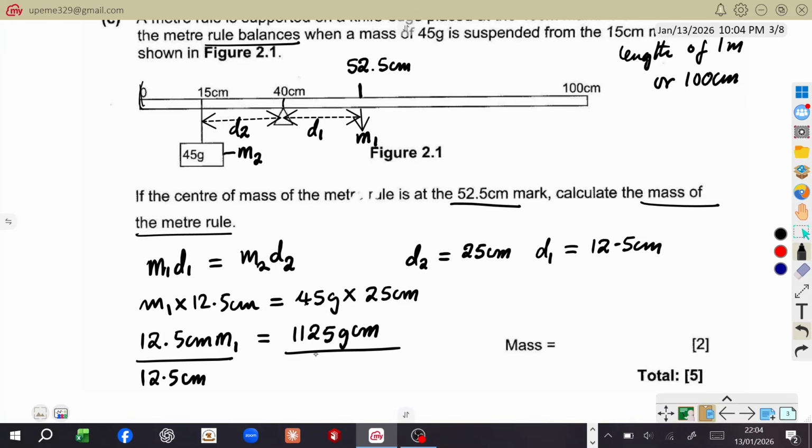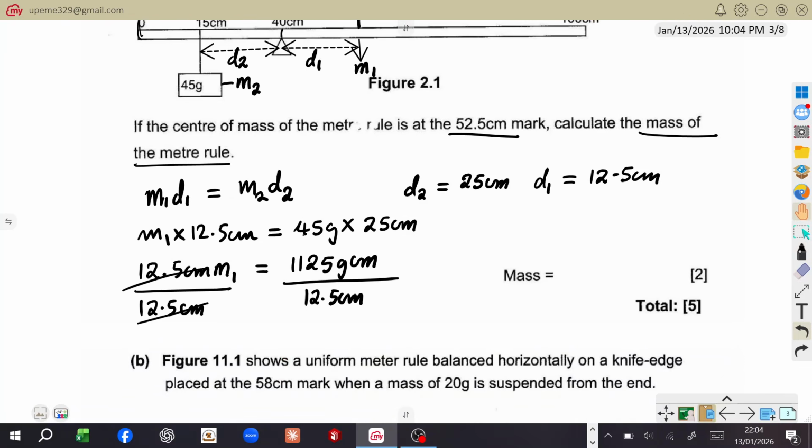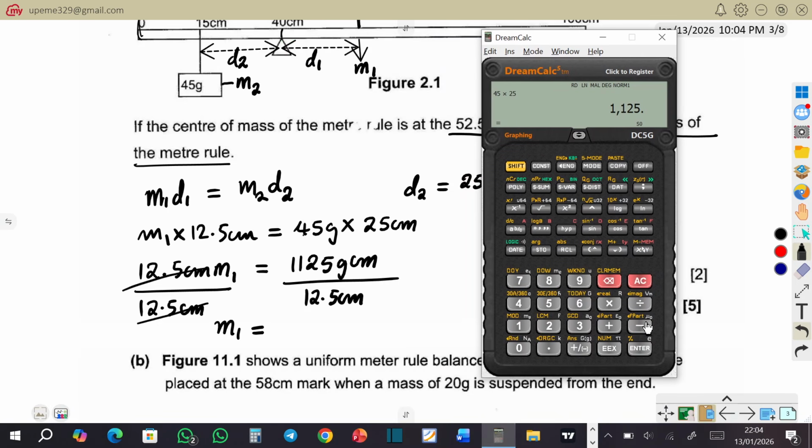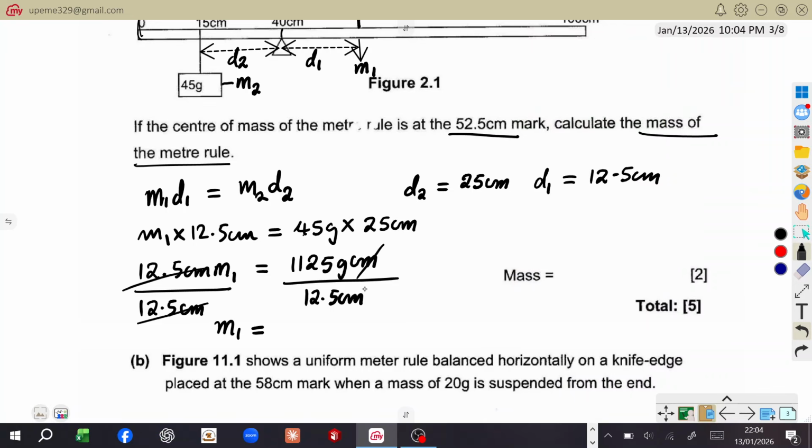Even here, 12.5 centimeters. So this one and that one goes. What are we remaining with, ladies and gentlemen? M1 is equal to 1125 divided by 12.5, and we are getting 90. The centimeters cancel, so we remain with 90 grams. So that is M1, the mass of the ruler.